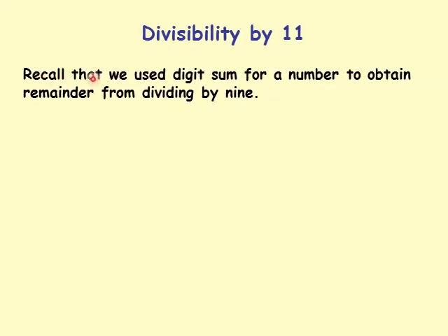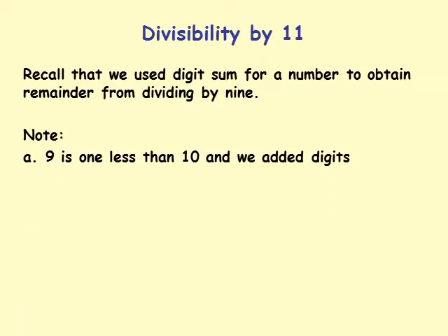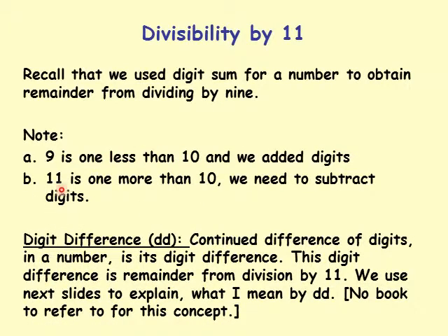Okay, let's continue and discuss divisibility by 11. Recall that we use digit sum for a number to obtain the remainder from dividing by 9. Let's observe here: 9 is 1 less than 10 and we added the digits. 11 is 1 more than 10 and we need to subtract the digits in some way. I'm going to define a term called digit difference.